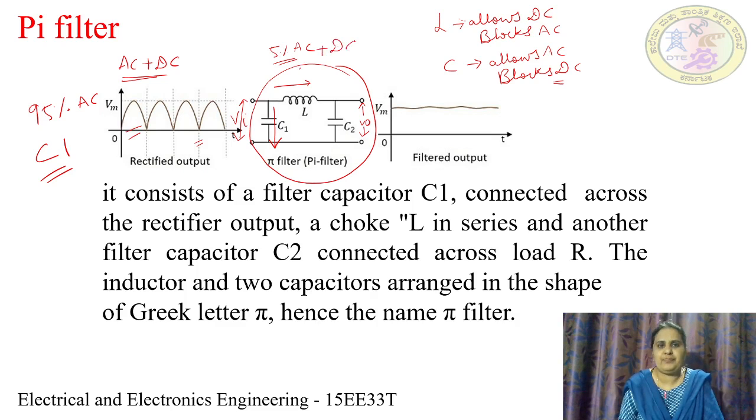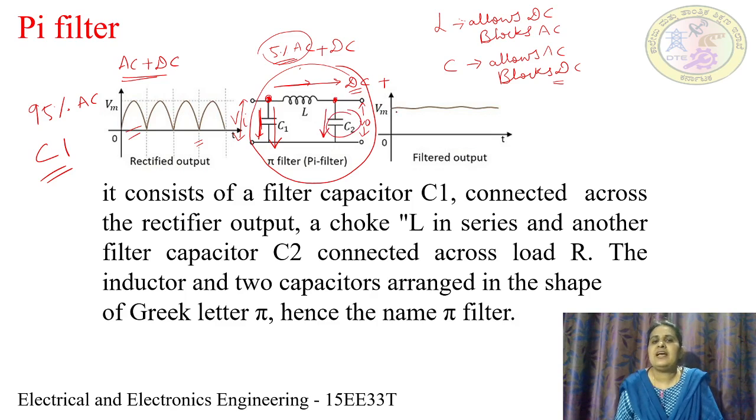Where? At this point. All the other AC has passed to the capacitance. What does the inductor do? It allows the DC. Therefore, here I will get DC output. Again, whatever 5% of AC has passed through, that remaining part of the AC passes to this capacitance.